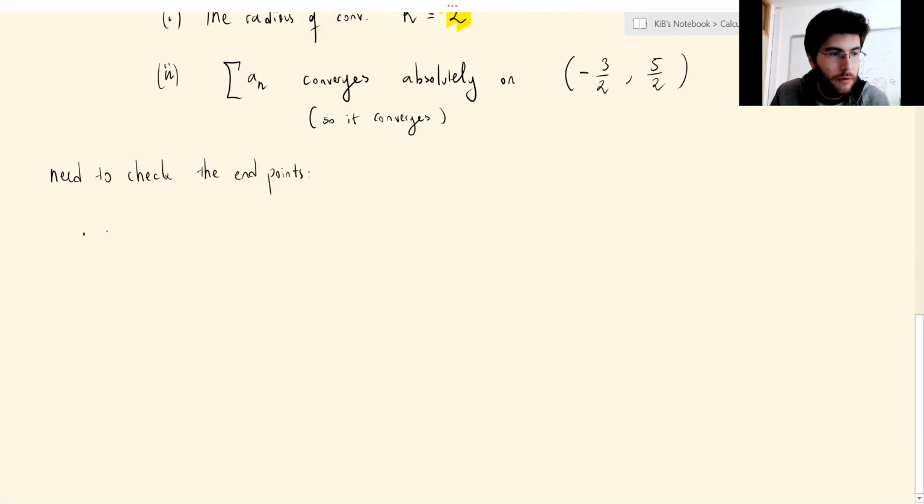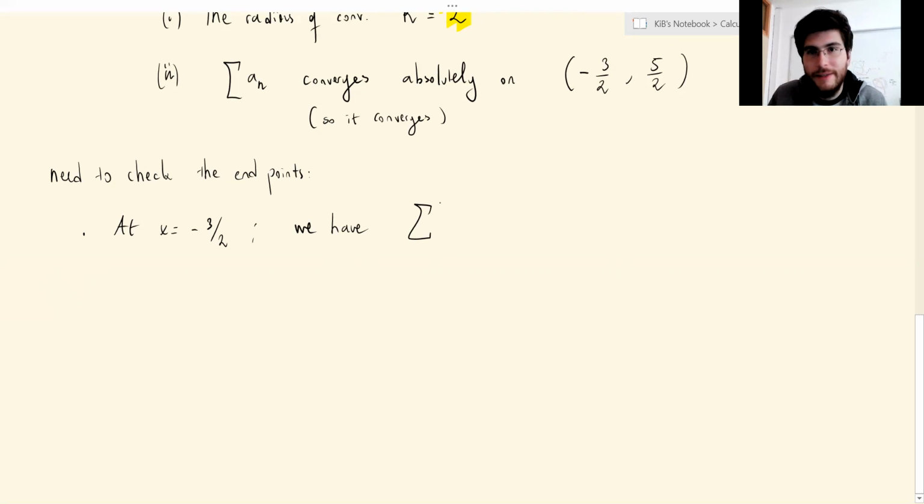Okay, let's check. For instance, at x equals the left endpoint, this one, we have the following series. Let me write it down.